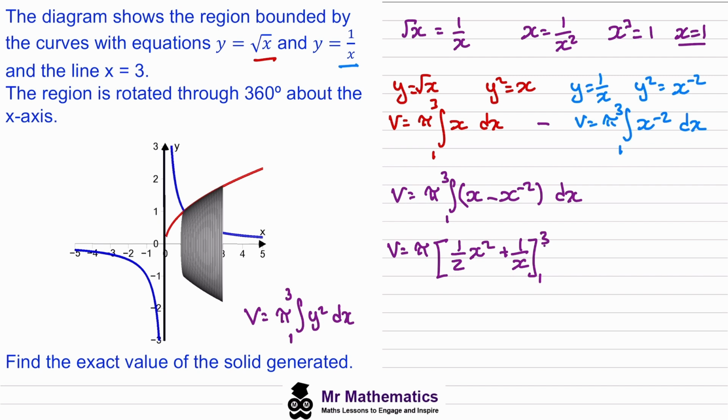And now we can substitute in our limits. So this will be equal to pi. We'll have 1 half of 3 squared, so 9 over 2, plus 1 over 3, minus 1 half of 1, plus 1 over 1.